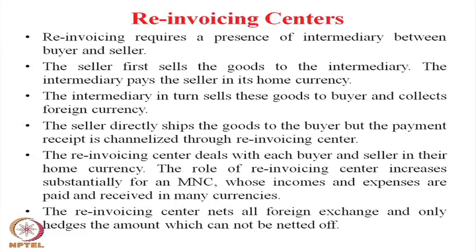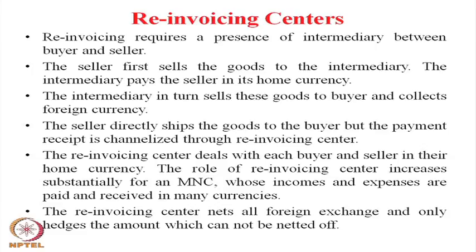Nowadays, many MNCs have centralized clearing houses, and these centralized clearing houses are generally considered as a re-invoicing center. The centralized clearing houses take care of the payables and receivables of the MNC, and the MNC only manufactures the goods and services and sells them directly to the intermediary, and on invoicing they get the payment in domestic currency only.